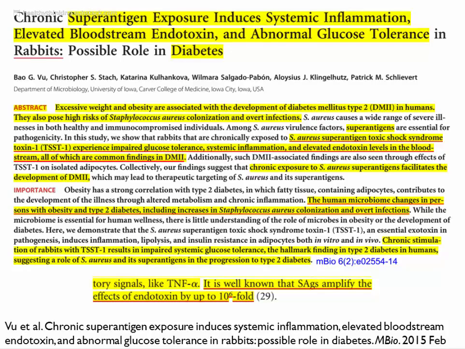The authors state, the human microbiome changes in persons with obesity and type 2 diabetes, including increases in Staphylococcus aureus colonization and overt infections. They also state that Staphylococcus aureus superantigen amplifies the effect of endotoxin, the LPS that we've discussed previously as being a major inflammatory trigger, by up to 1 million times.